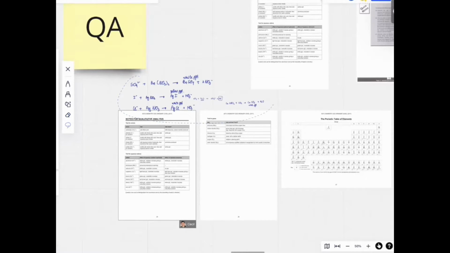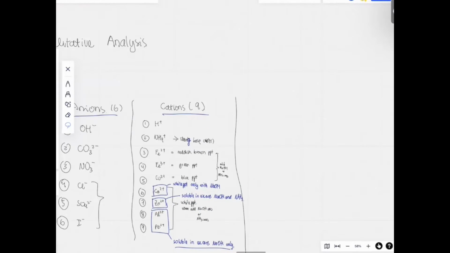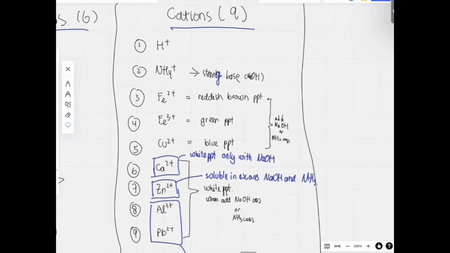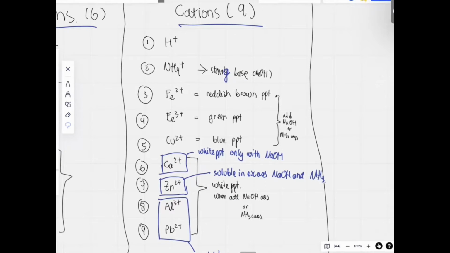Now for the most complicated one, the cations. The cations have 9. H plus is easy. Can you guess how to test? Hydrogen ions.